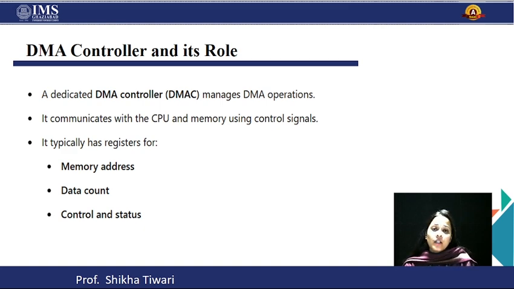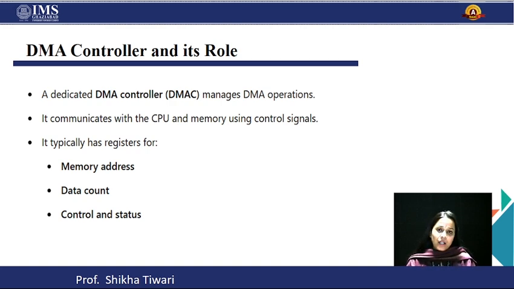Then data count. Data count means the number of words that need to be transferred. When the CPU gives over the control of the buses to the DMAC, at the time of granting the buses to the DMAC, it also provides the data count. Data count is like word count, how many data need to be transferred.